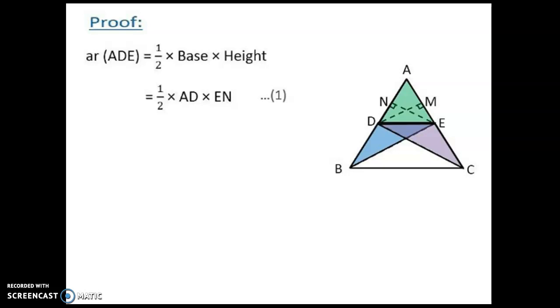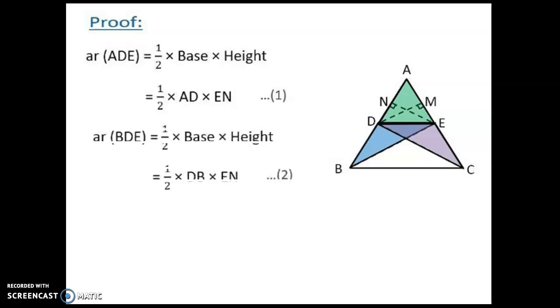So half into base. Base is AD, from the left side we are taking. First we are taking from the left side. So AD is going to be the base, and height is EN. Why? Because that's perpendicular to the base, that's the height of the triangle. So we are taking EN as height.